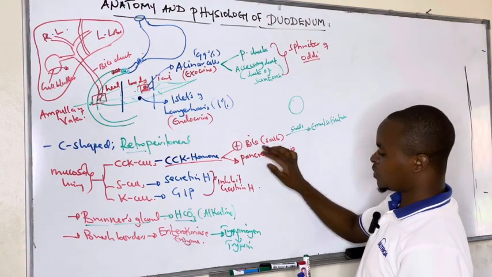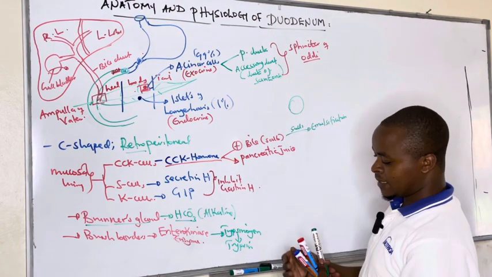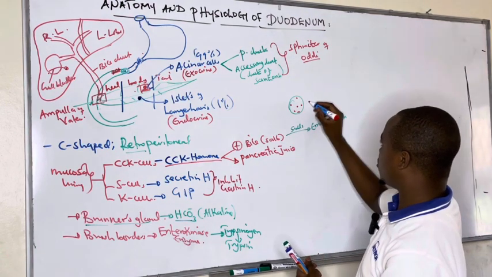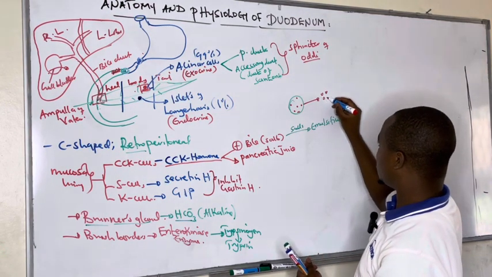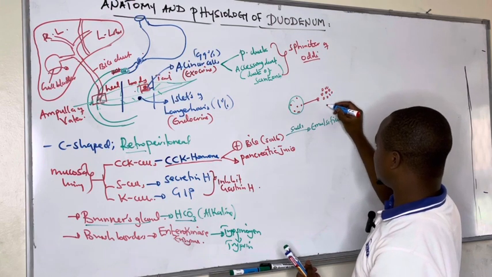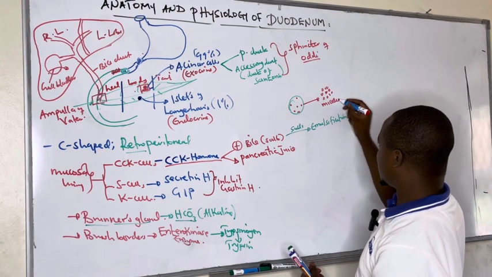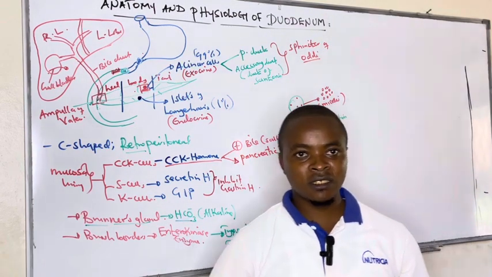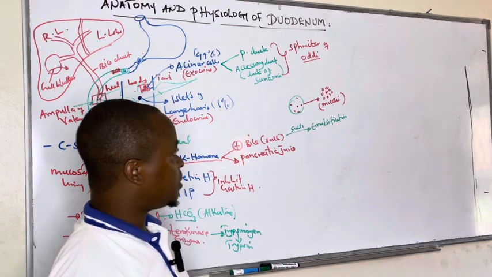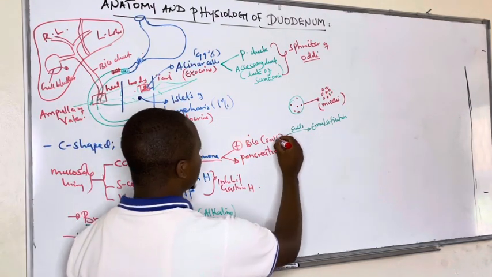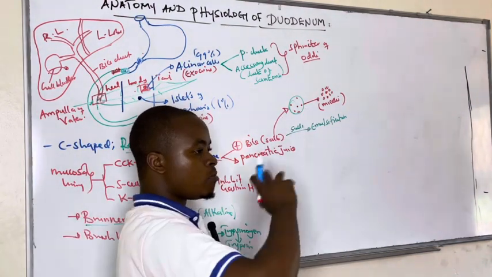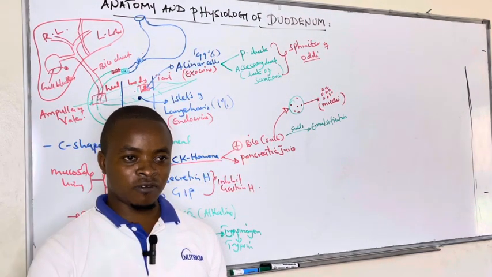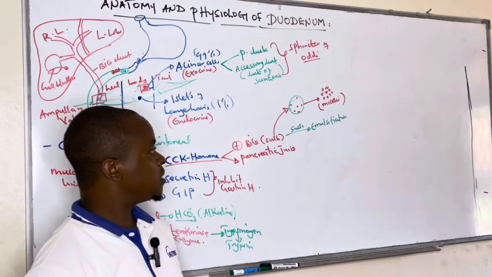So the bile salts come and solubilize, breaking this big fatty globule into small droplets known as micelles. When these micelles are created, they increase the surface area for action of pancreatic lipase and other pancreatic enzymes. So this is the role of the bile salts, emulsifying big fatty globules into smaller droplets, micelles, to create surface area for absorption.